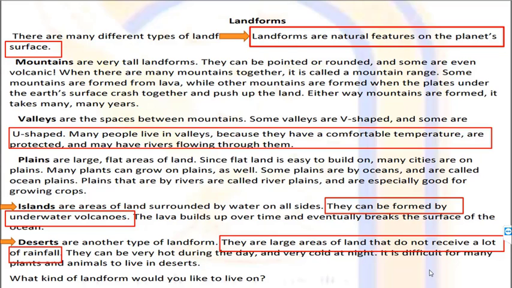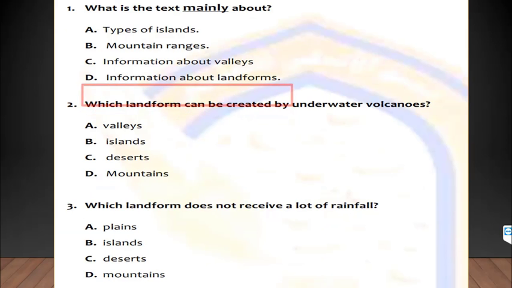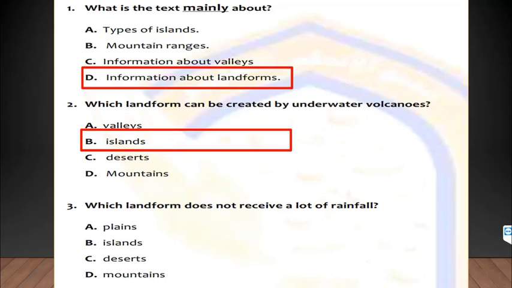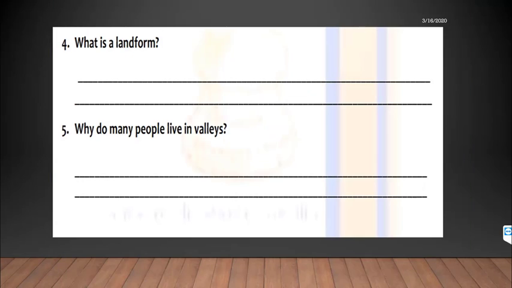There are large areas of land that do not receive a lot of rainfall. Look at the arrow which shows that deserts do not receive a lot of rainfall. The answer is deserts.